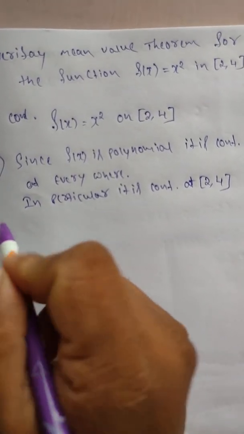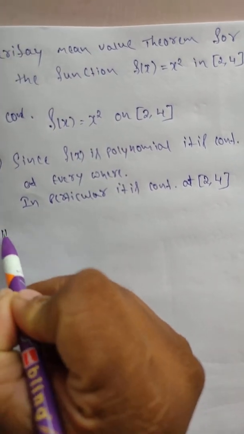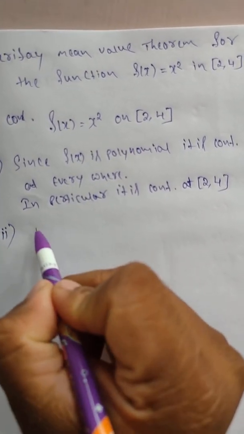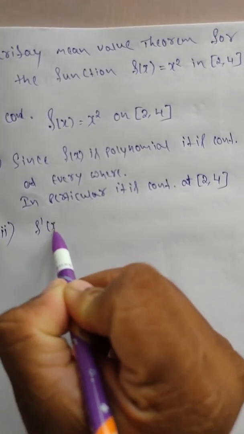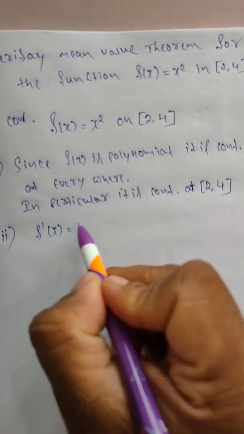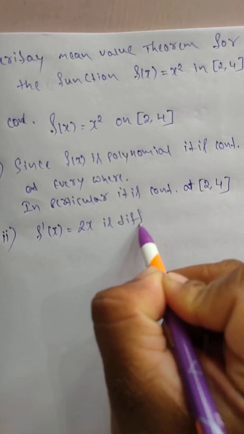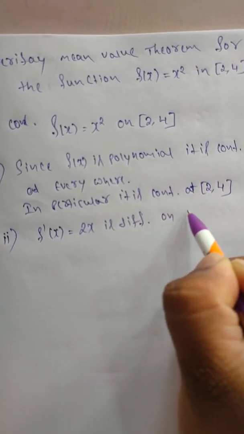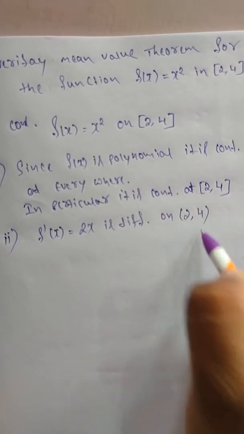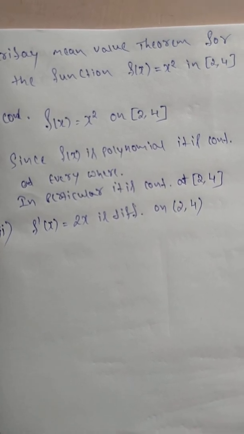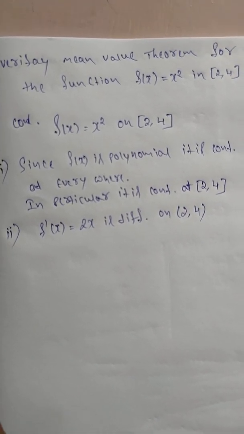Now we'll go for the differentiable, the second condition. f dash of x is equal to 2x, since the differentiation of x square is 2x. Since f dash of x is equal to 2x, it is differentiable on open interval 2, 4.